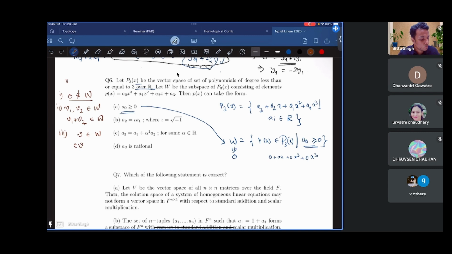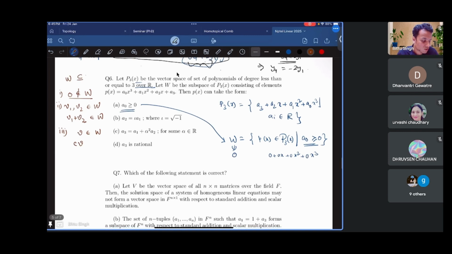So W, a subset of a vector space V, is said to be a subspace if it is closed under addition and closed under scalar multiplication. Then we will call W a subspace of V. So cV should belong to W.